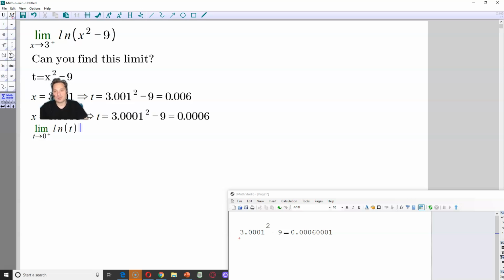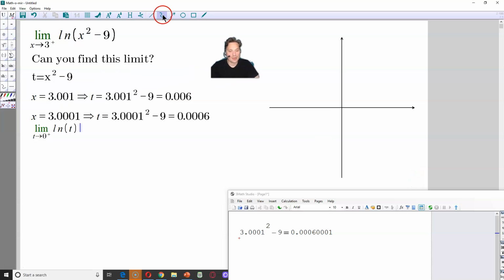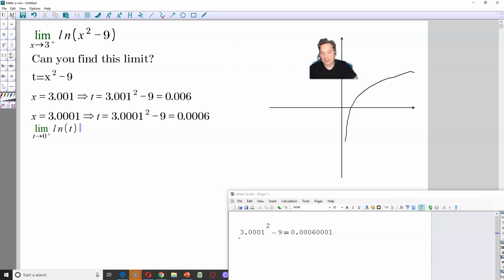In case you don't remember, the basic ln function, if I were to graph it quickly, looks like this. Let me throw in a coordinate system here and do a bit of graphing for you, just to remind you. Basic concept is the ln function. This is a really rough sketch. If you look at this function, you're going to approach 0 from the right.